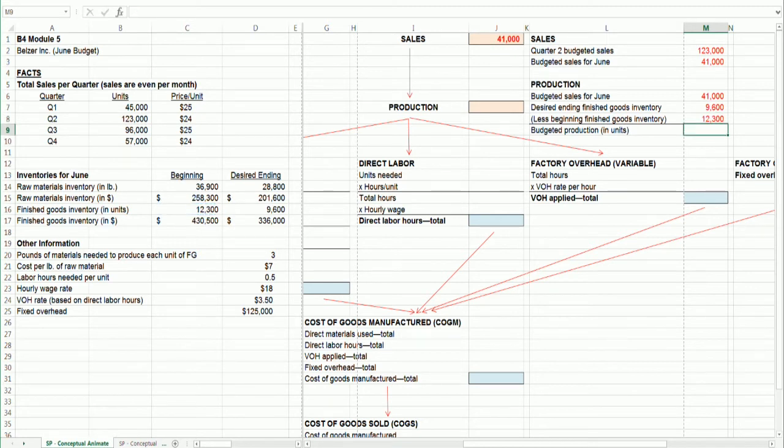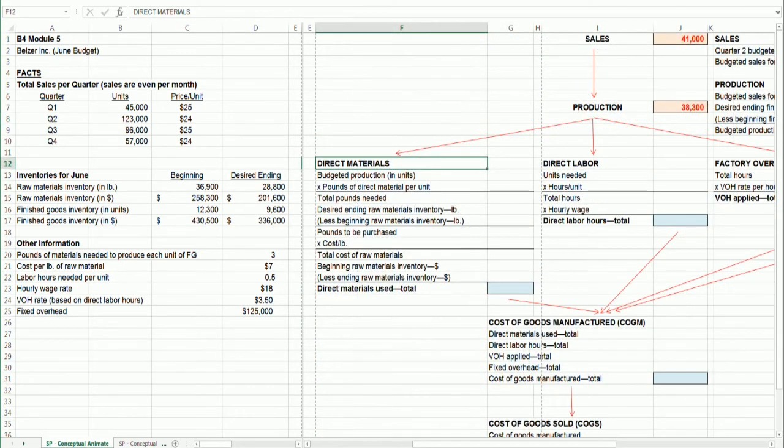So for my production, what I'll do just to make this a little easier is make that a negative number, and then all I have to do is take the sum. So according to this, I need to produce 38,300 units in order to meet my expected demand of 41,000 units to sell and leave myself with an ending inventory of 9,600 units.